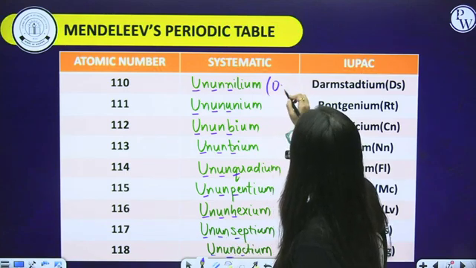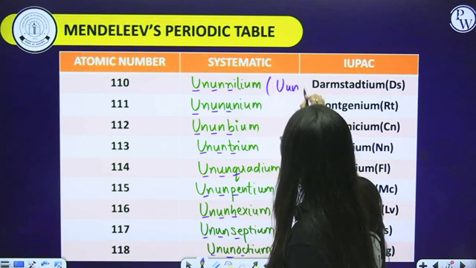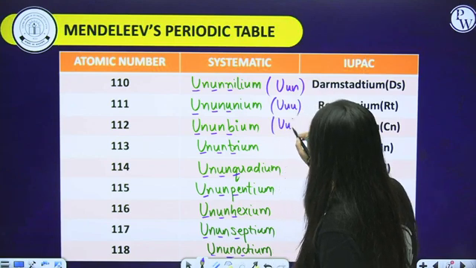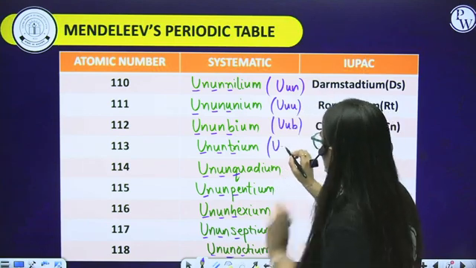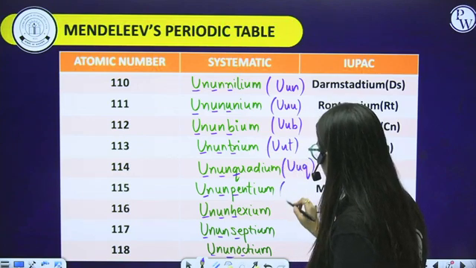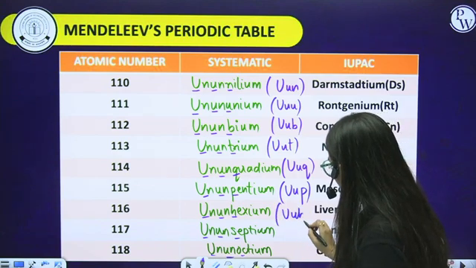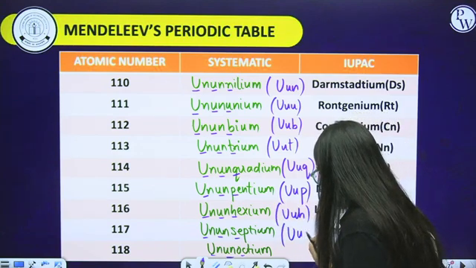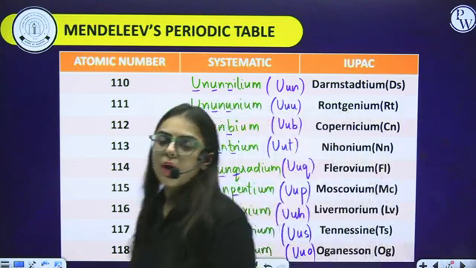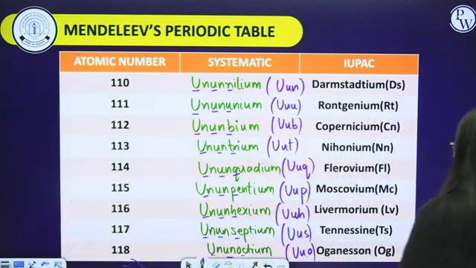Symbol is going to be UUN, oh sorry, UUN, not O, UUN, then it is UUU, then it is UUB, then it is UUT, then it is UUQ, then it is UUP, then it is UUH, then it is UUS, then it is UUO. Clear everyone? So these are the symbols for them. Yes everyone, so this was about the nomenclature.